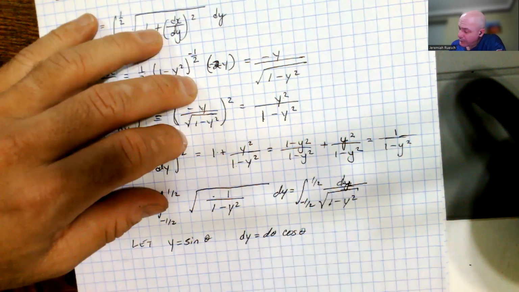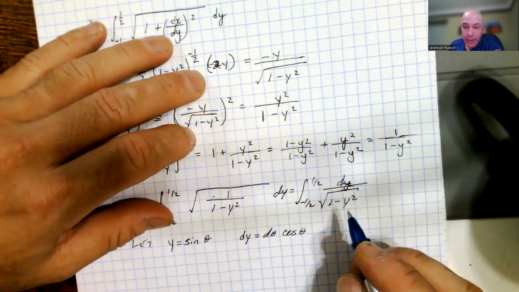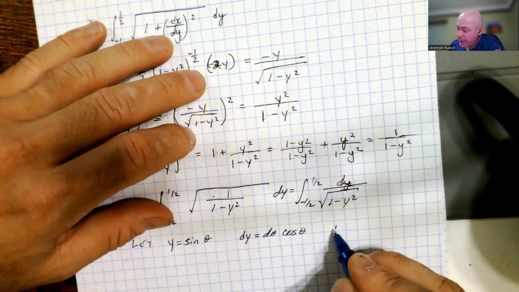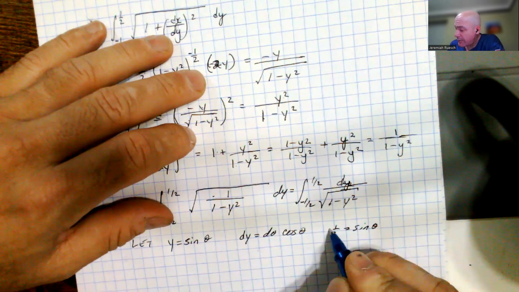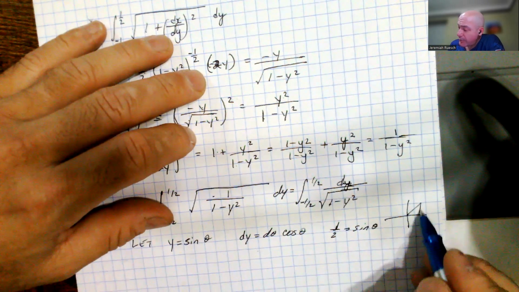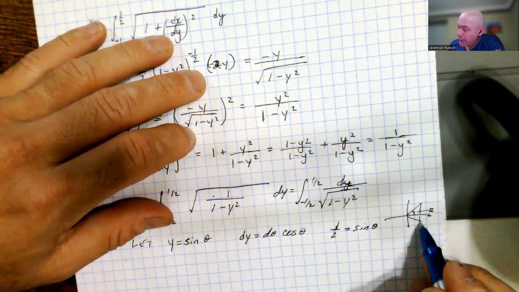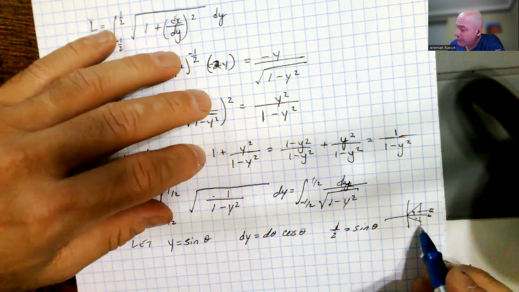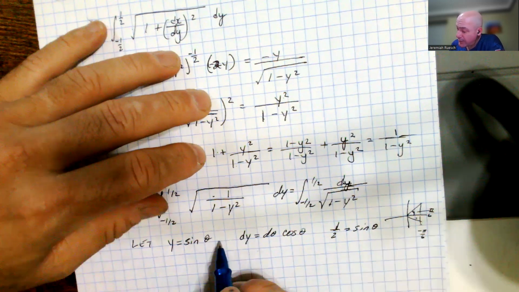Let's change the limits of integration as well, since we're going to evaluate this eventually. What value of theta would give us sine of theta equal to positive 1/2? If you think about the unit circle, sine is 1/2 when theta equals pi over 6, and likewise it's negative 1/2 when theta equals negative pi over 6. Those will be your two limits of integration for theta.